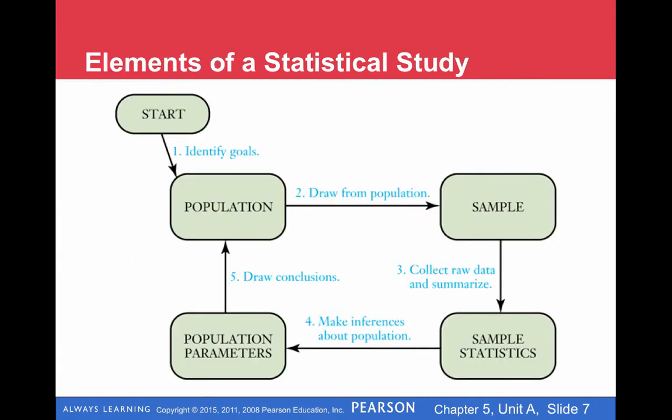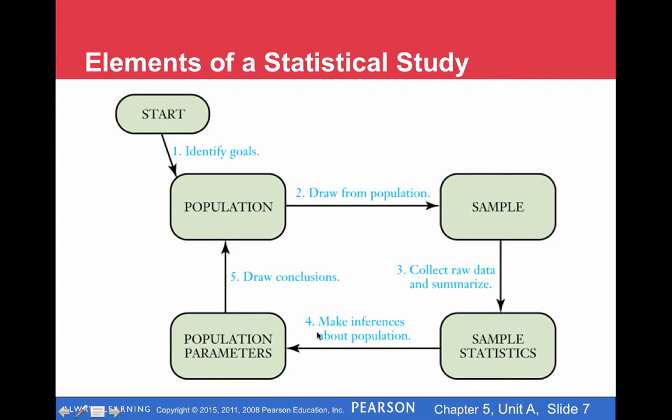So here's a good picture of it. The start is to identify the goals. What do we want to figure out about this population? What are we trying to figure out? Could it be voting statistics or averages or something else? Then once we've decided our goals and our population, we sample from that population. That's a subset of the whole group. Then we get data from that sample and summarize it using sample statistics and graphs.